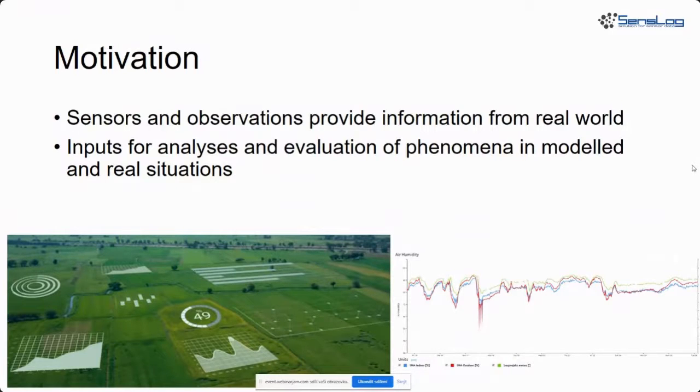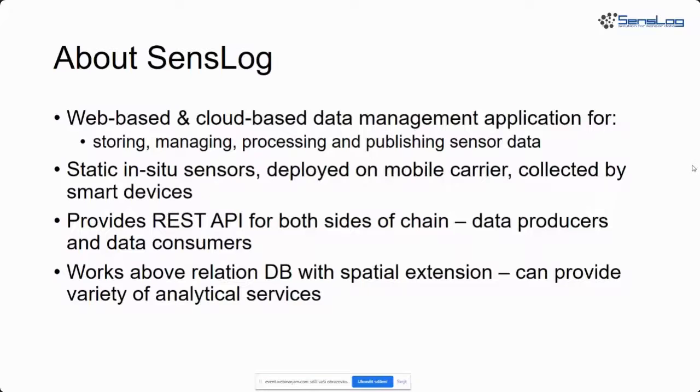SensLog as a solution is a web-based and cloud-based data management application that is storing, managing, processing, and publishing sensor data.